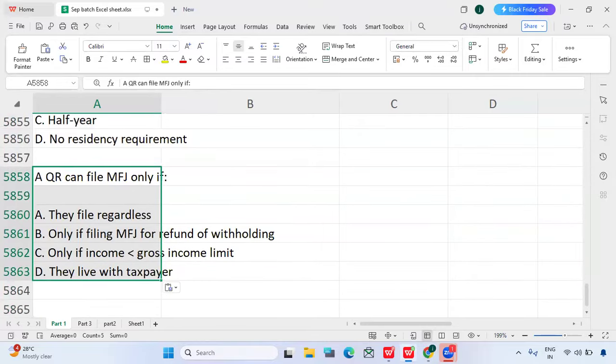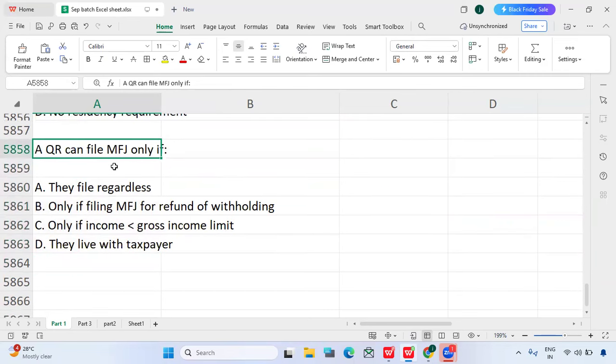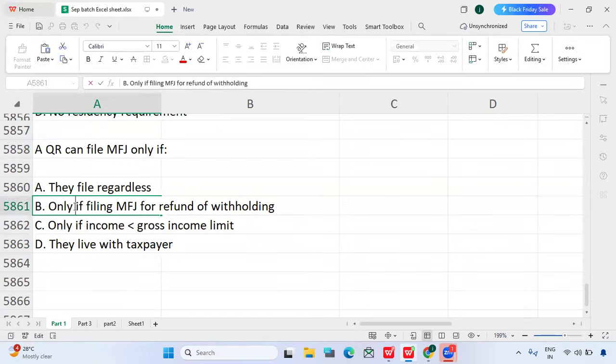A QR, qualifying relative, can file MFJ only if getting a refund. We have seen this, right? So B: a QR or QC can file MFJ only if filing a joint return for a refund of withholdings. Only in that case is it allowed.